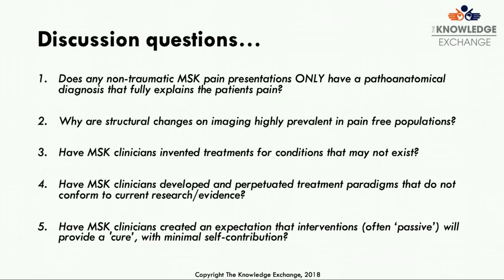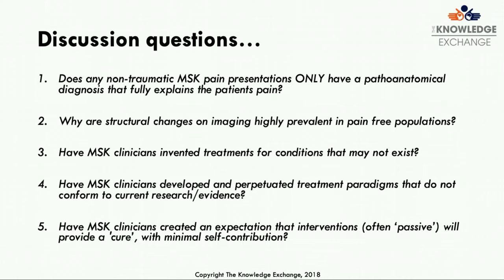We'll look at all of these and more pathologies in detail, but hopefully you've started to question the way in which we're going about some of the pathologies that we see in the lower limb in clinical practice. Some discussion questions going forward which we'll cover over the weekend include the following. Does any non-traumatic musculoskeletal pain presentation only have a pathoanatomical diagnosis that fully explains the patient's pain?